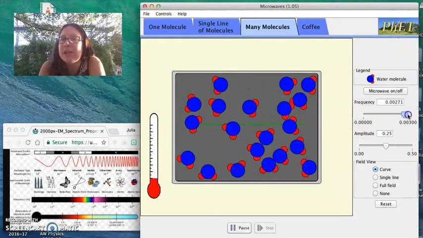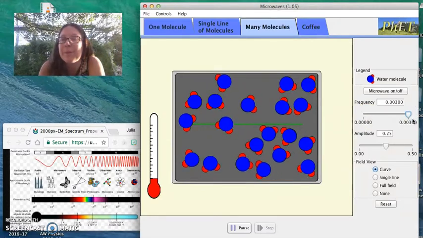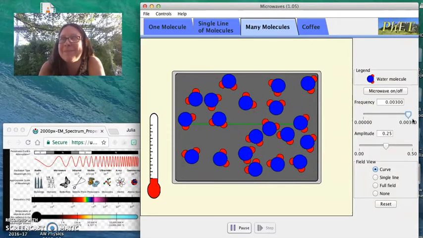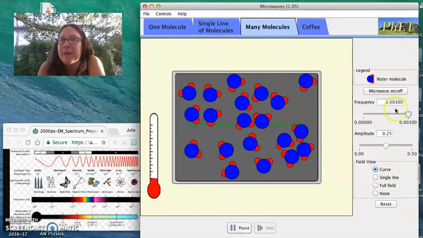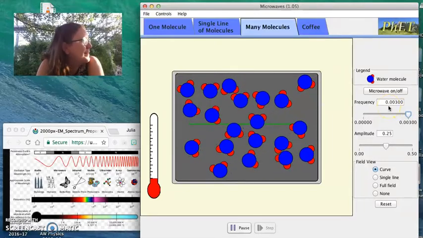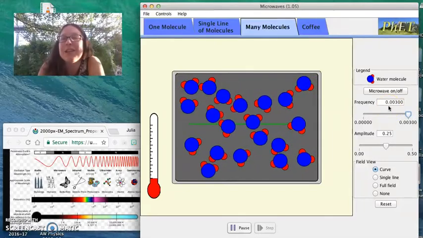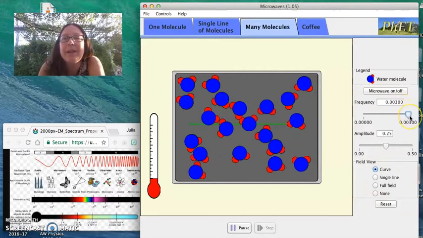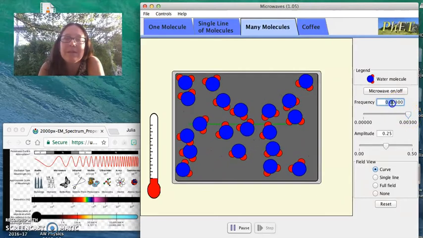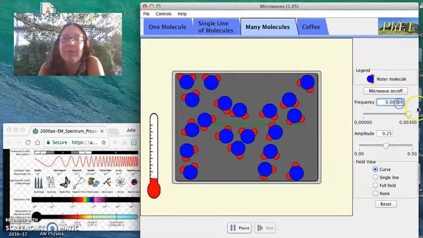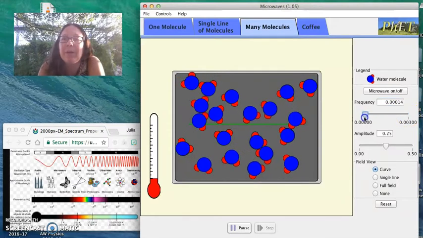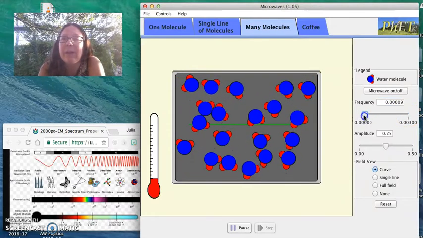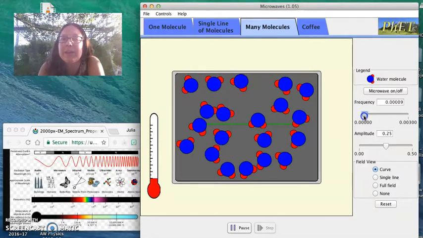So what happens if I change my frequency of wave from, you can tell I'm outside. What if I change the frequency from about 3 millimeters? You can see that's 0.003 meters, about 3 millimeters, all the way down to about, how low can I get it? How much can I change this?